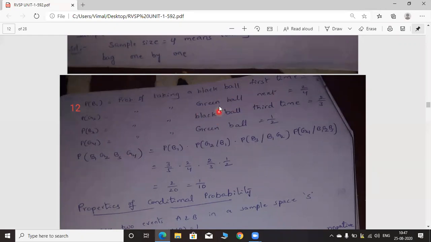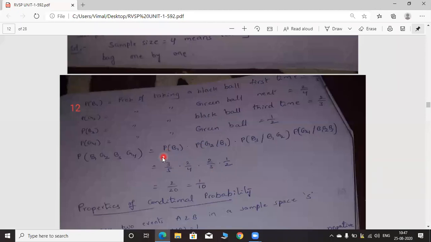Here the probabilities are calculated individually, but each probability depends on the previous one. So simply you can substitute 3 by 5 into 2 by 4 into 2 by 3 into 1 by 2. All the probabilities we have to multiply here.